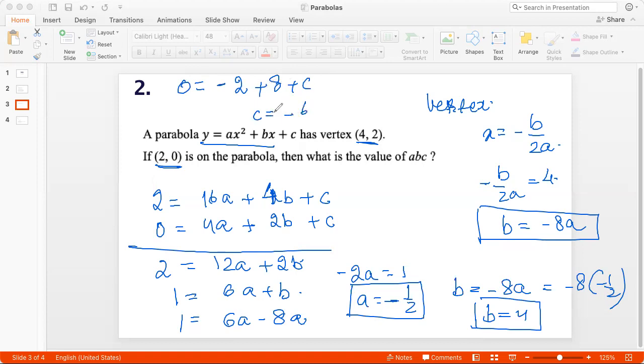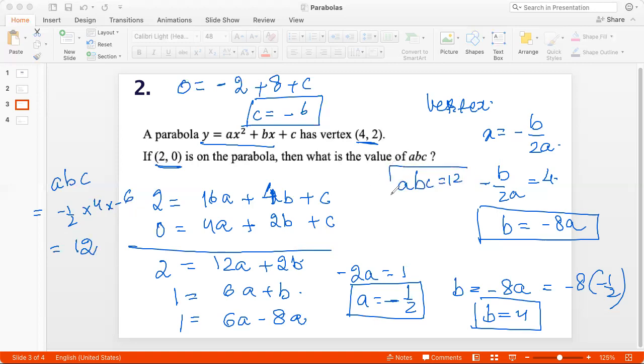So c is −6, right? So we have the three values. So what is abc? It will be −1/2 × 4 × −6, which is 12. So the value of abc is 12. Okay.